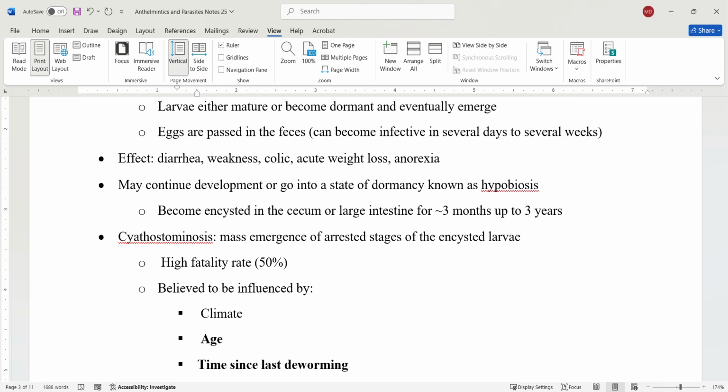When horses are on a managed anthelmintic program, that is going to be beneficial for them. Moxidectin is a class of dewormer we'll talk about, as well as a 5-day power pack, which is 5 consecutive days of fenbendazole. Those are 2 deworming protocols that are believed to reach these encysted small strongyles.